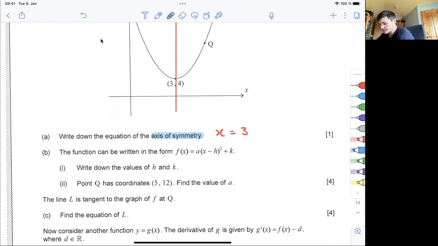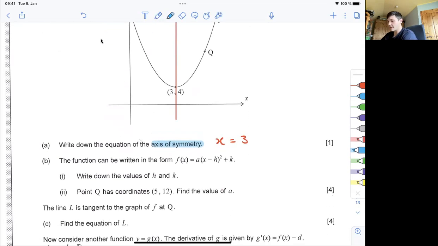The function can be written in the form f(x) equals a times (x minus h) squared plus k. Part 1 asks us to write down the values of h and k, and part 2 says point Q has coordinates (5, 12), find the value of a.